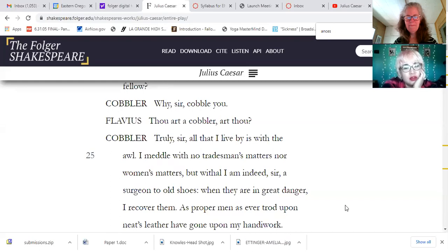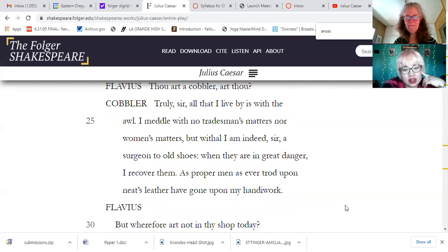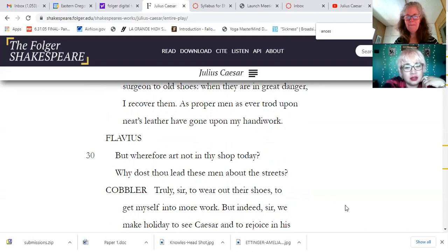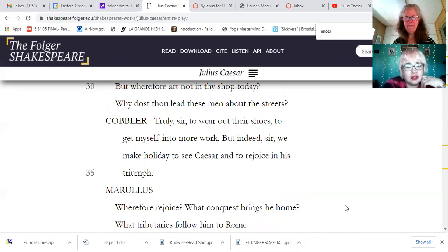I meddle with no tradesmen's matters nor women's matters, but withal I am indeed, sir, a surgeon to old shoes. When they are in great danger, I recover them. As proper men as ever trod upon neat's leather have gone upon my handiwork. But wherefore art not in thy shop today? Why dost thou lead these men about the street? Truly, sir, to wear out their shoes, to get myself into more work. But indeed, sir, we make holiday to see Caesar and to rejoice in his triumph.